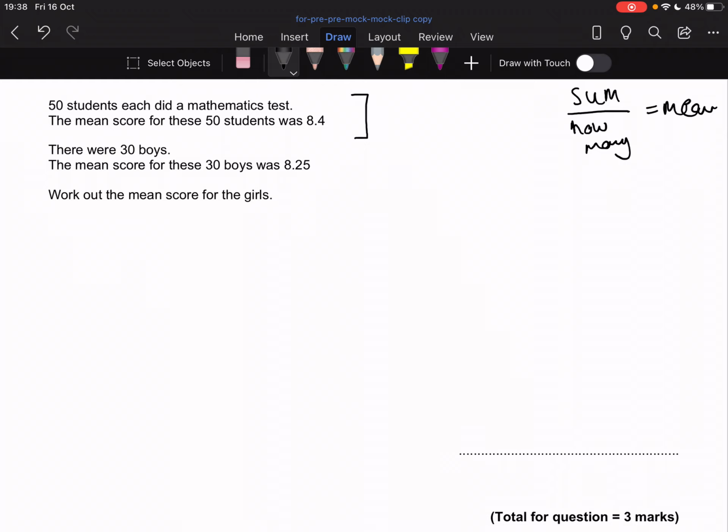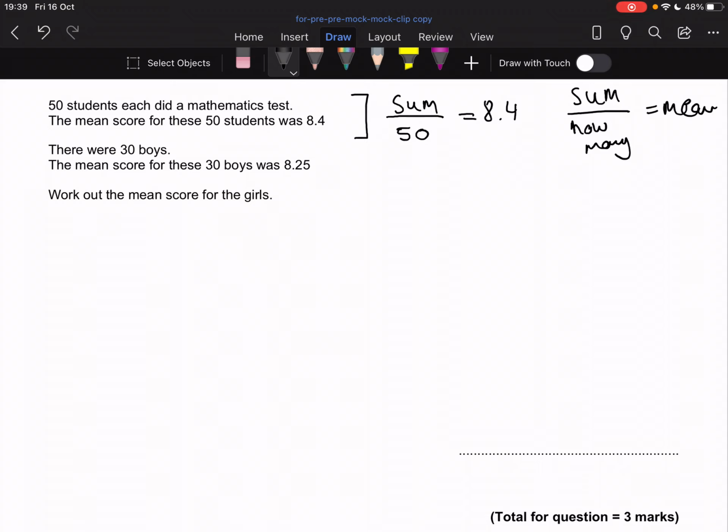So let's try to substitute what we've got here. Do I have the sum? I don't. But it says that I've got 50 students and they did a math test, so I should have 50 values for their marks. If I take the sum of all their marks and divide it by how many students I've got, I'm going to get 8.4.